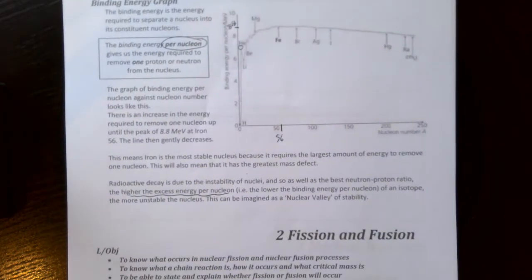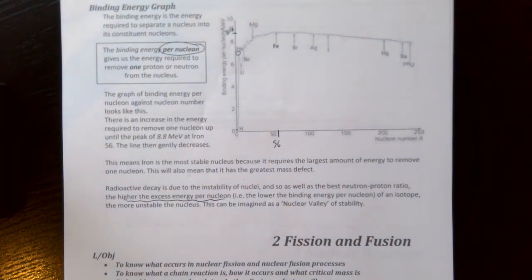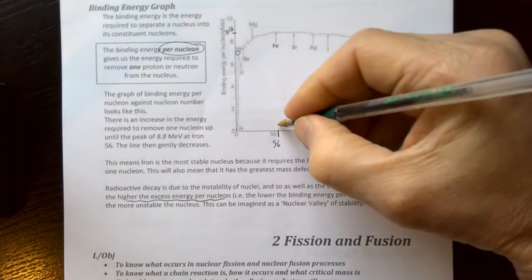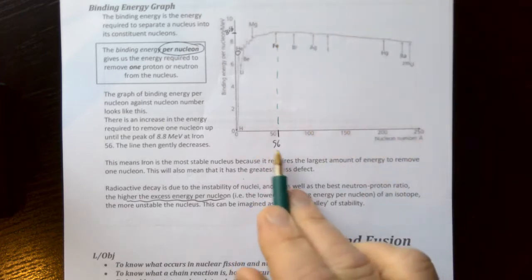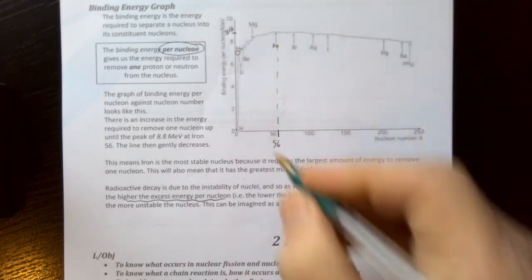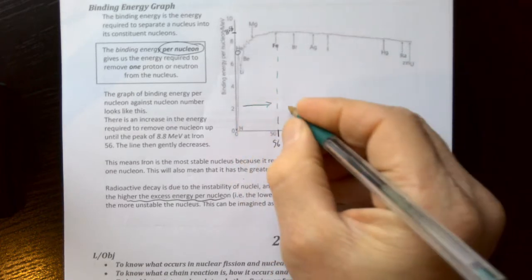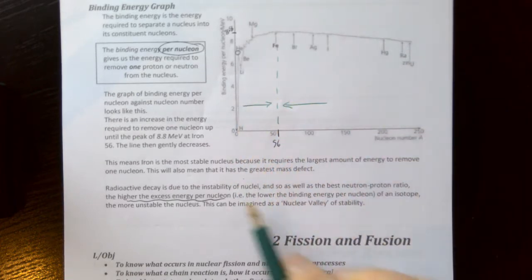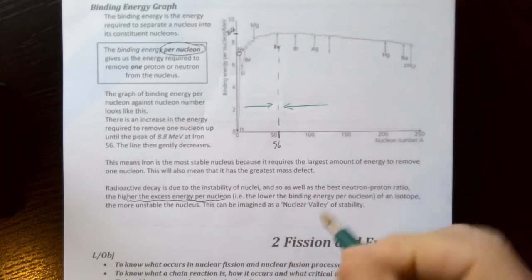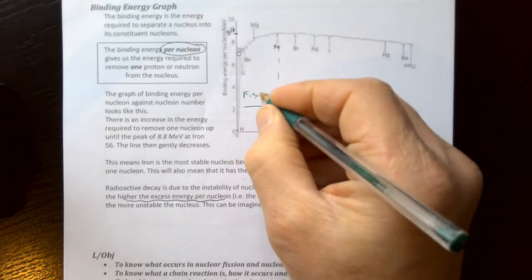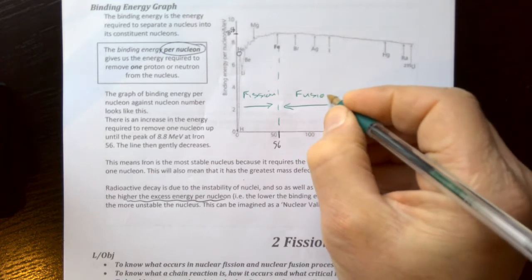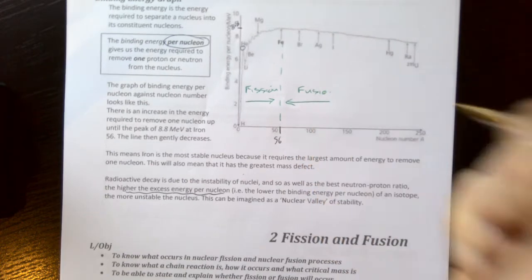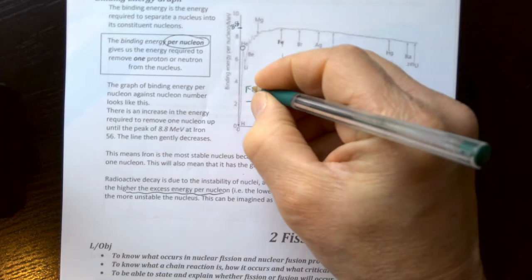So it's all about this graph, and as I said, it's all divided on that 56 line, that most stable nucleon number. So all about moving in. Although we're going up the hill, it's still the same process. So let's have a little look. Apologies, I've got it wrong there.